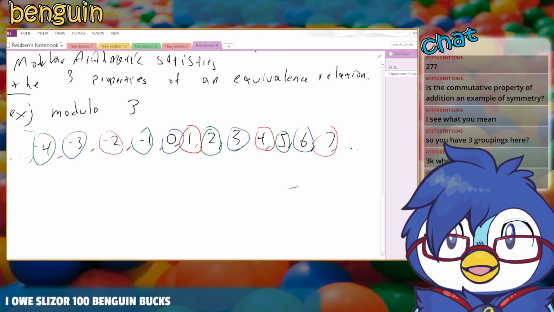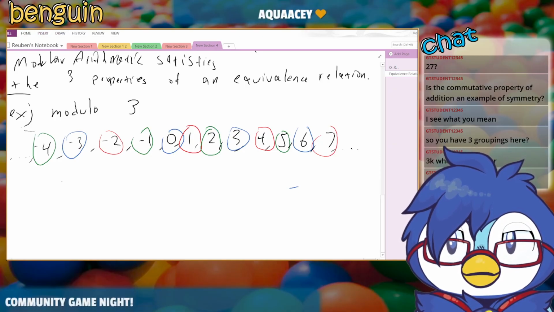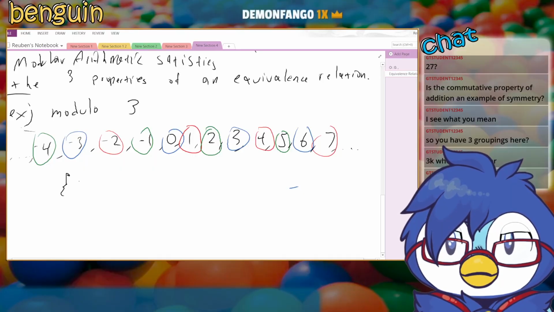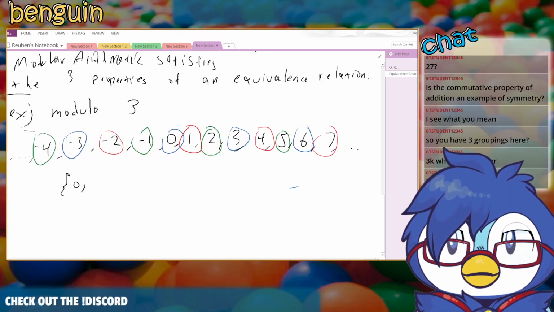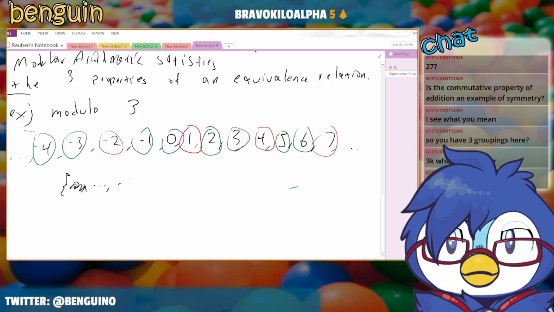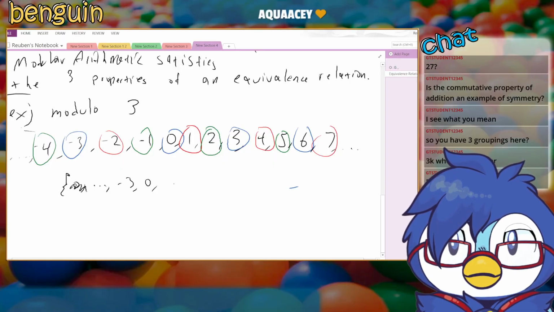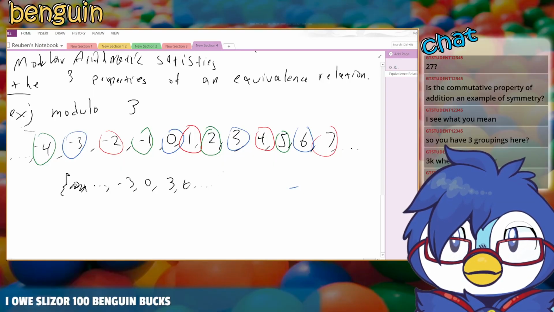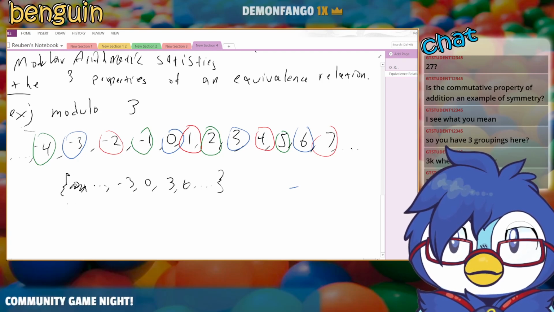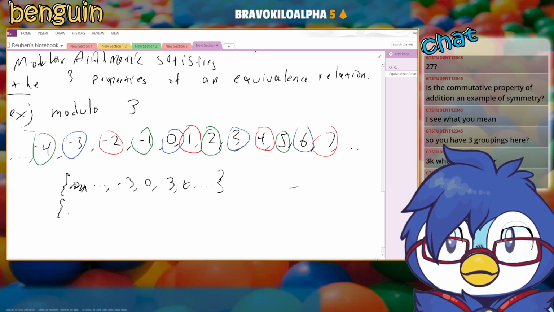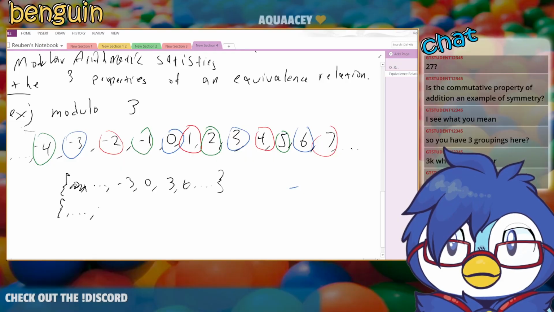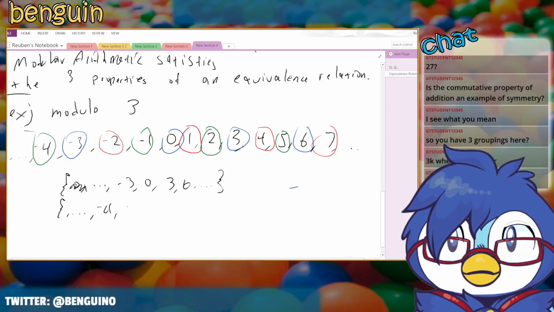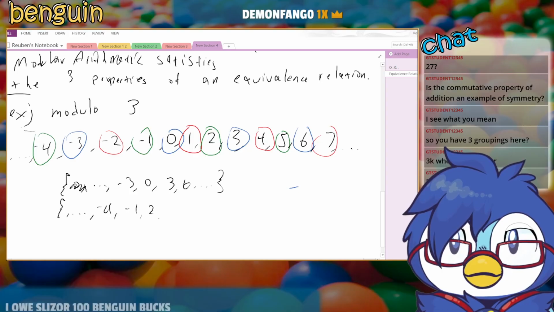So I can consider these as different sets. I can put 0, 3, 6 into three different groups, then -4, -1, 2.